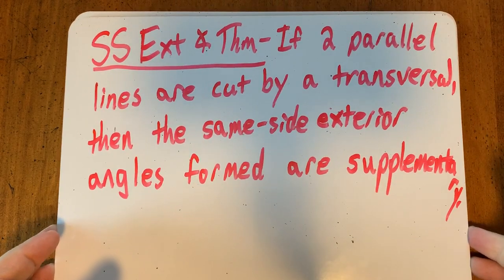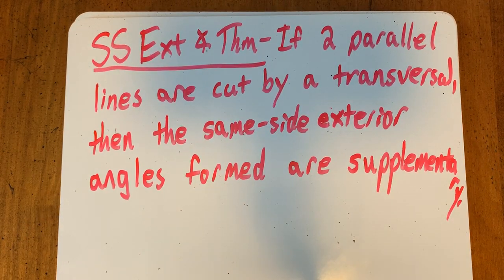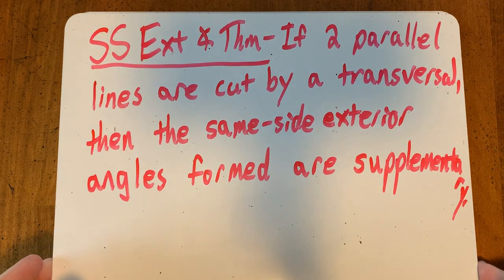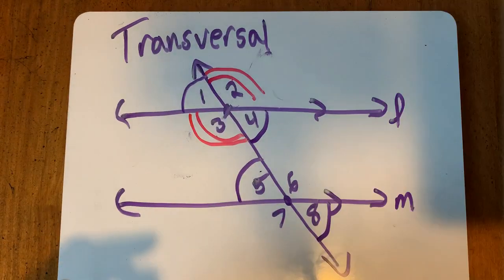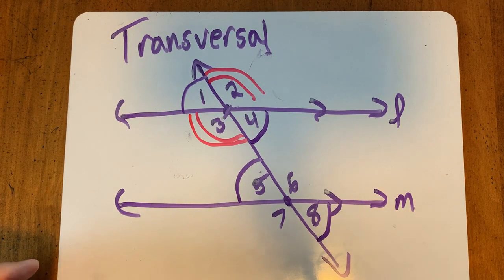All right, look at that. Wow, that was very quick. So the same side interior angles are supplementary, and the same side exterior angles are supplementary. And if you felt that went too quick for you to copy down that slide, just remember this is a video and you can pause it.